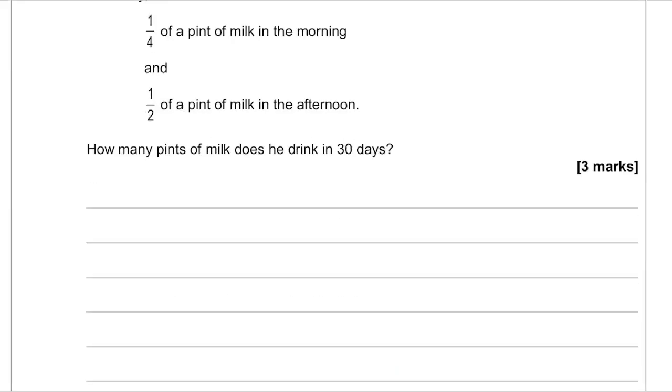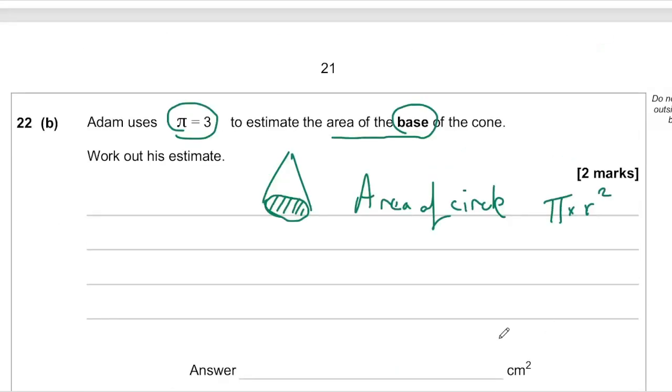So we're doing pi times 5 squared. Well, 5 squared is 25, and they're telling me he uses the value 3. So 3 times 25 gives me 75. That's the answer to that one.